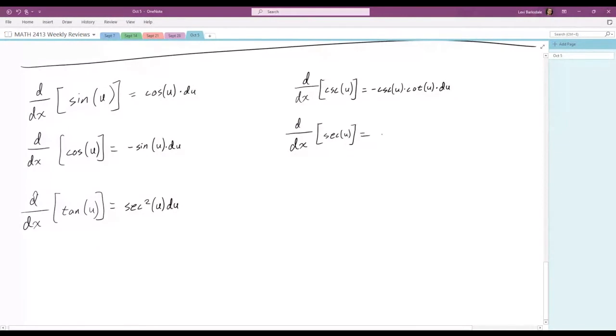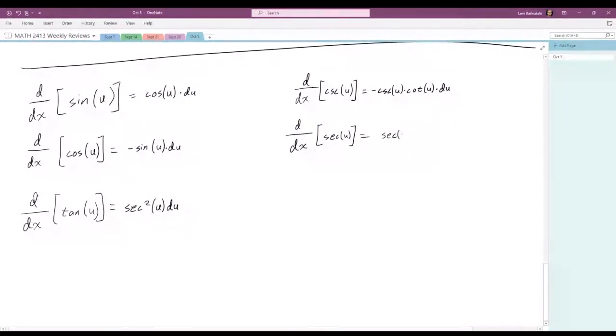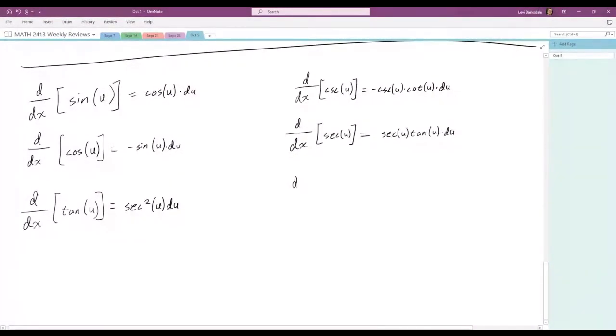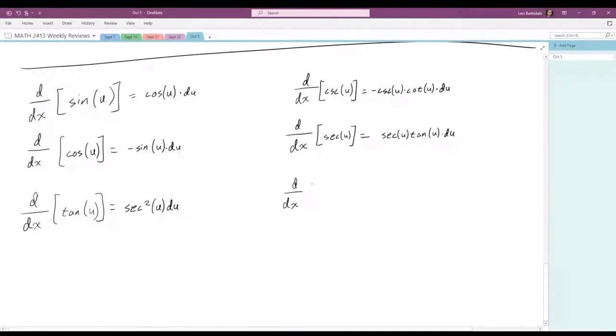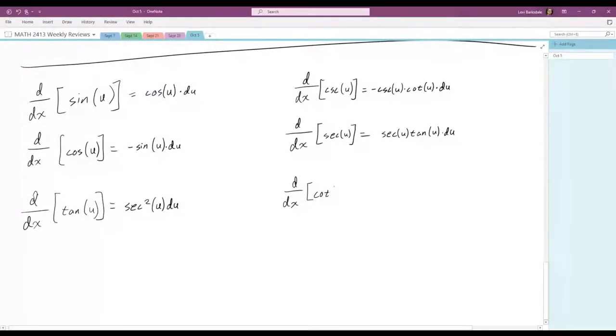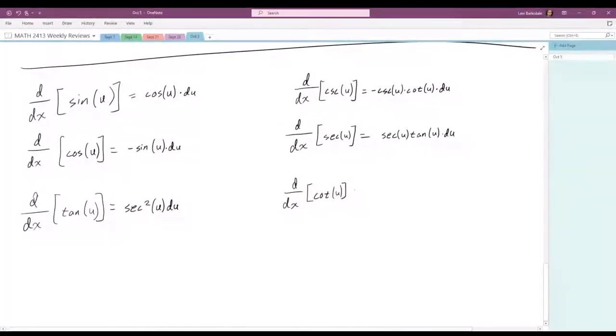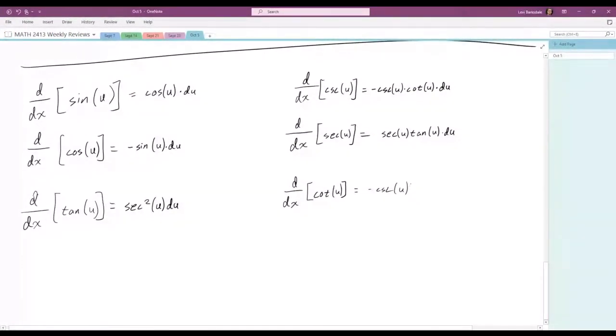The derivative of secant is secant u tangent u du. And finally, we have cotangent. And the derivative of cotangent is just negative cosecant. Negative cosecant squared, sorry.